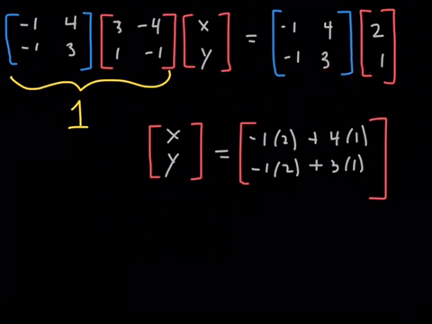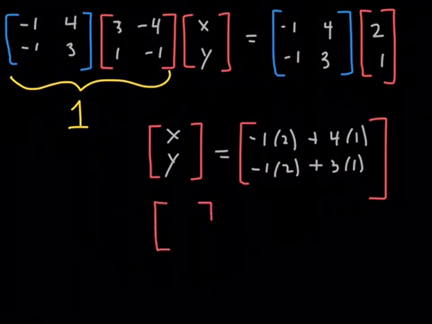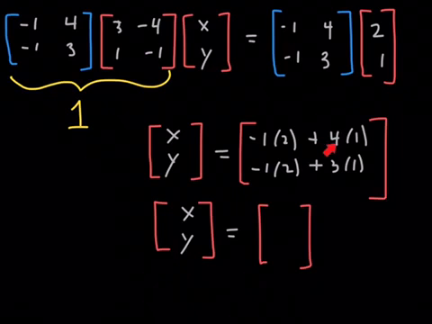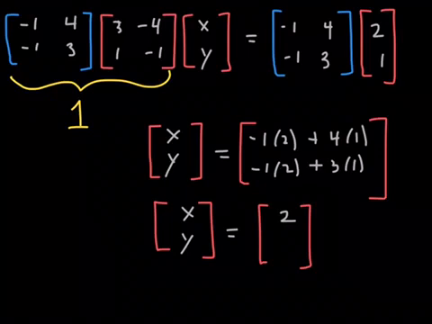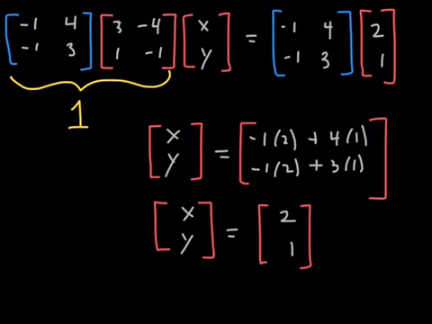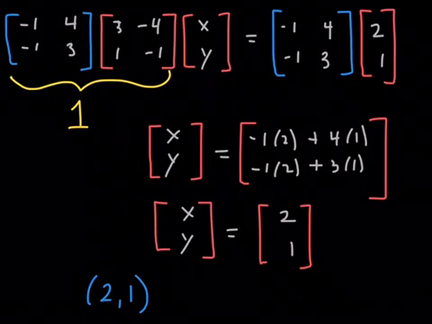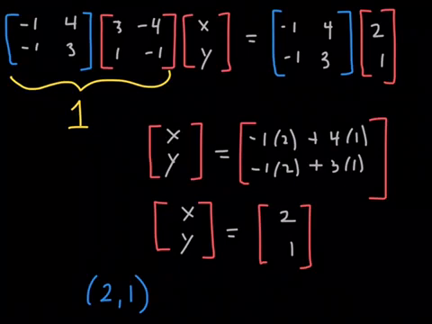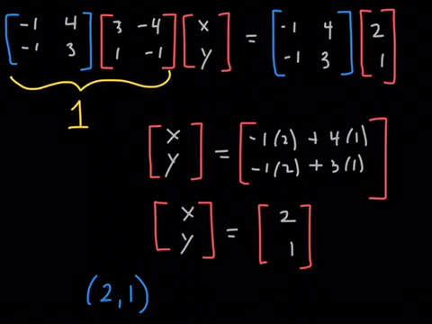So what we get is -2 plus 4, that's 2. And then down here we get -2 plus 3, that is 1. So there we have it, you guys. Our final answer, the solution for the system is 2, 1. This system of equations represents two lines that intersect at the point 2, 1. And we found that by multiplying by an inverse matrix.